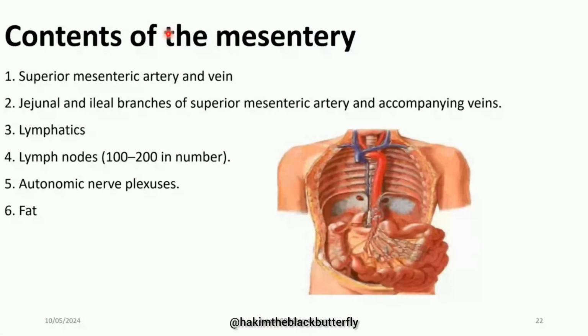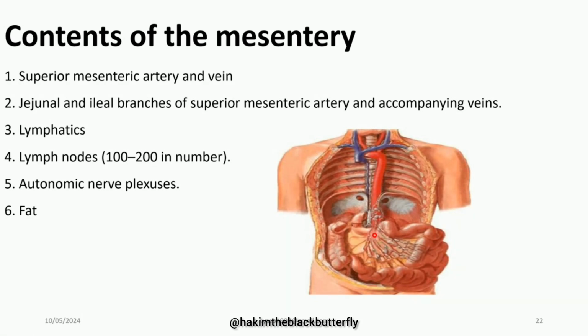This mesentery is going to contain structures that run to and from your coils. We said earlier that blood vessels that come from the aorta, that nourish your intestines, go through the mesentery to reach the small intestinal coils.